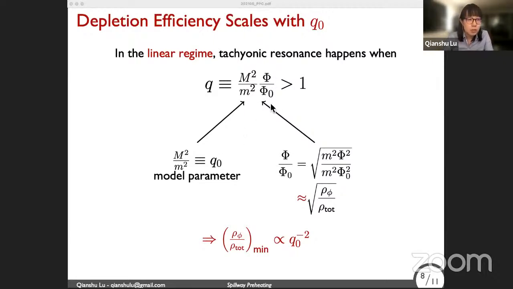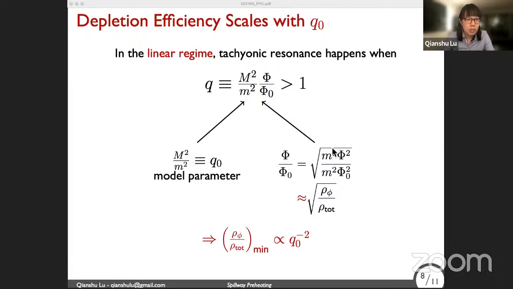Here, another quantity is the ratio of the inflaton oscillation amplitude at any given point in time to its initial oscillation amplitude. Now, clearly, this quantity is time dependent, and it can have complicated time dependence. However, we can approximate this ratio if we assume that the energy density in the system is dominated by the inflaton mass term.